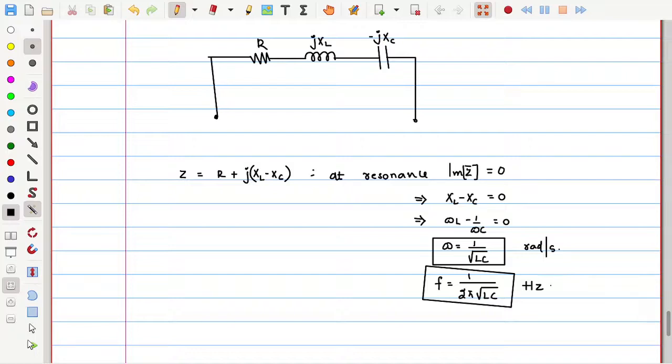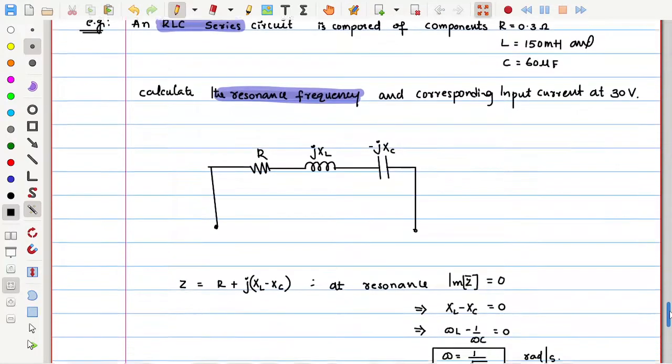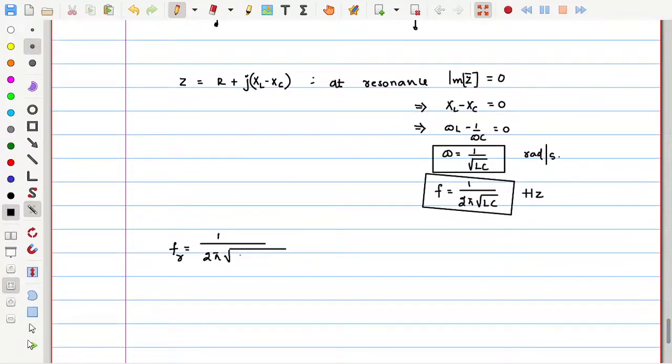Now it is a simple thing: the resonance frequency fr is equal to 1 by 2 pi square root of LC. How much is L? L is given as 150 into 10 power minus 3, that is 150 milli.